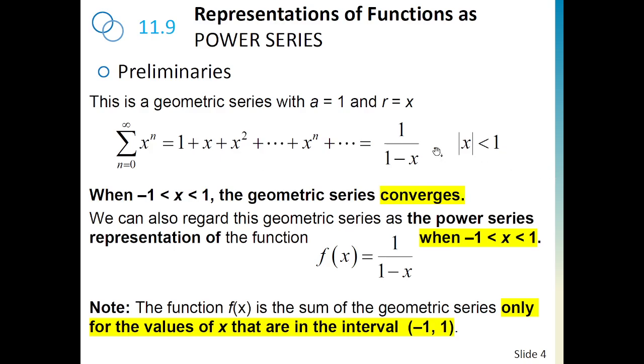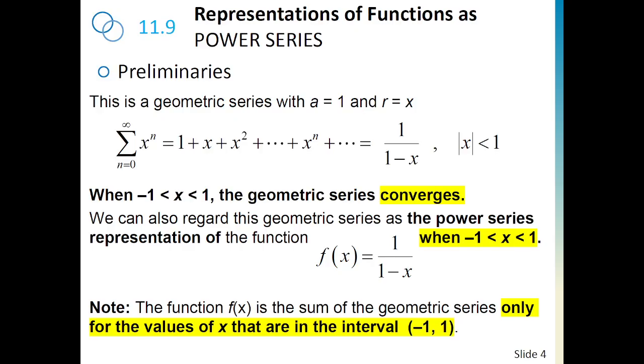Outside it's not true because the series is divergent. So what we realize is that the function here is a classical function. It is defined everywhere except at 1. There's nothing particular about this function. What is important to realize is that this function is equal to this series only when x is between -1 and 1. Then we have equality of these two things.